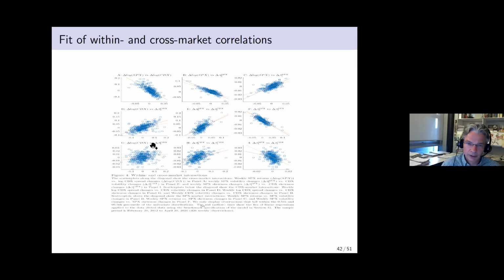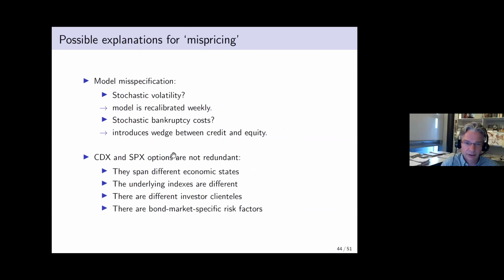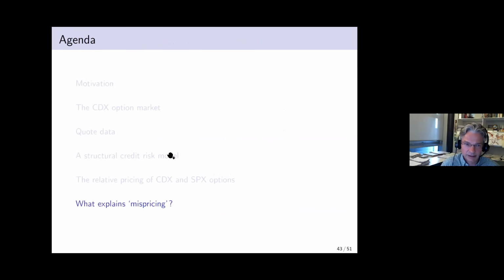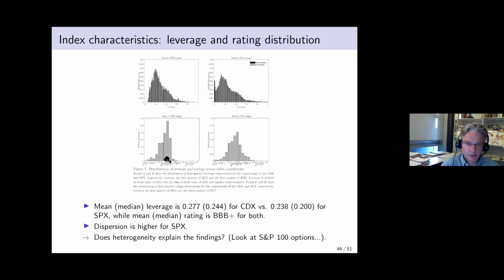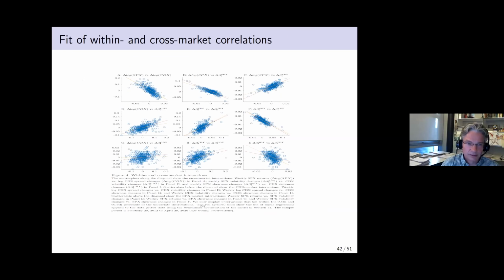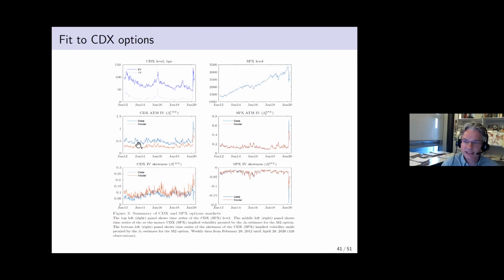Now the question is, would adding stochastic volatility help with explaining the difference in the level of the volatilities that we get across these two markets? There we're a little more suspicious.